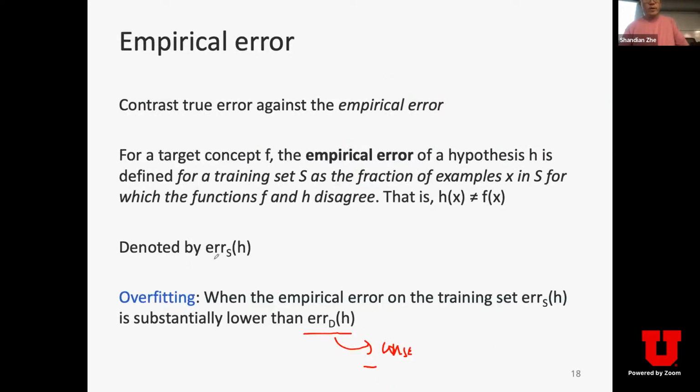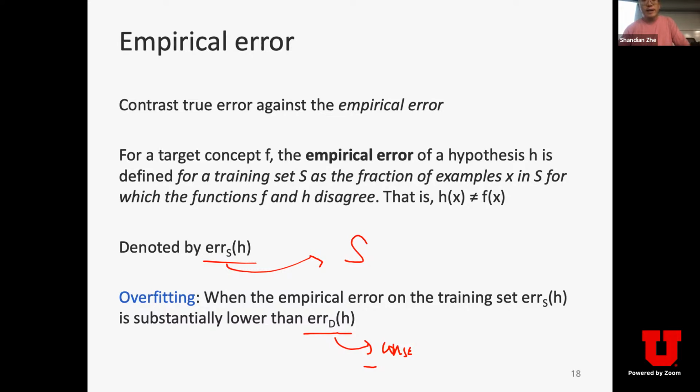And then the next question is, what about empirical error? Is empirical error a constant or random? Yeah, it depends on S. And S, remember, is the training data set.